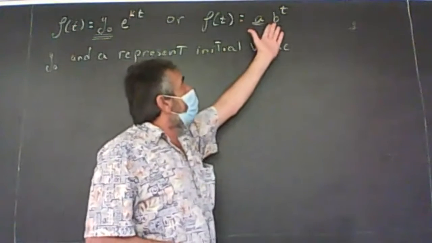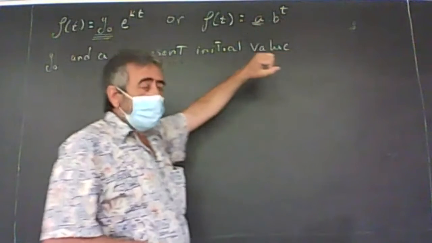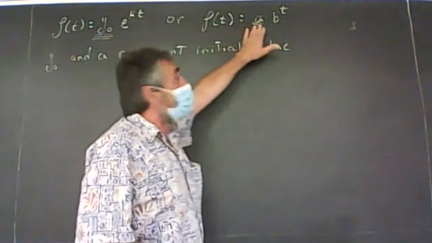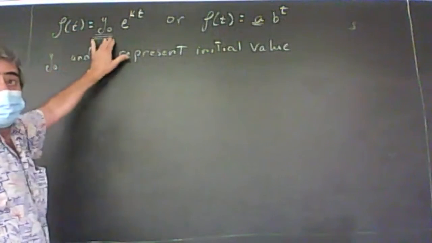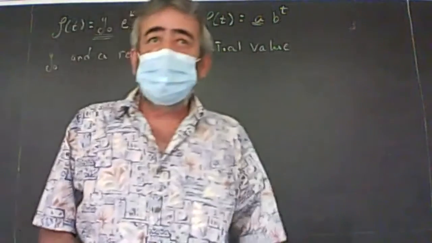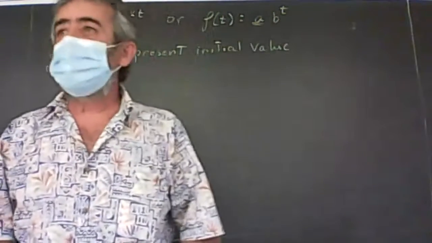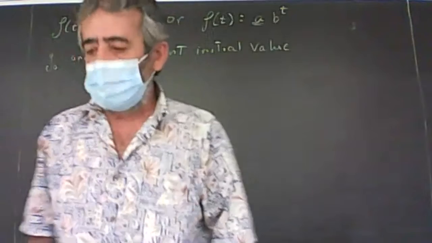And again, b to the power 0 is also 1, and therefore f of t will be a in this case, and f of t will be y0 in this case. So those two values represent the initial values of the equation that you're talking about. Okay?